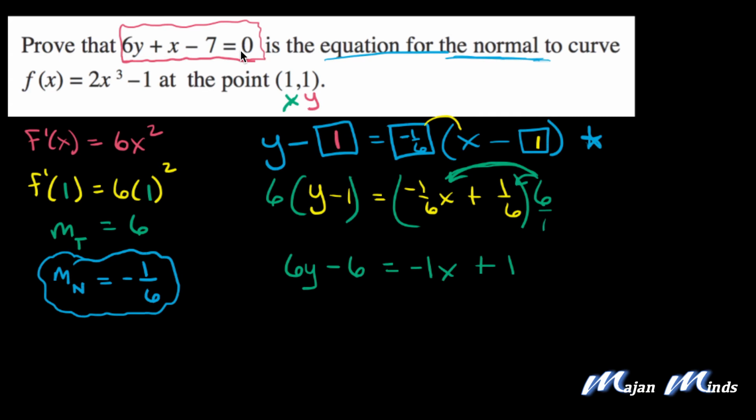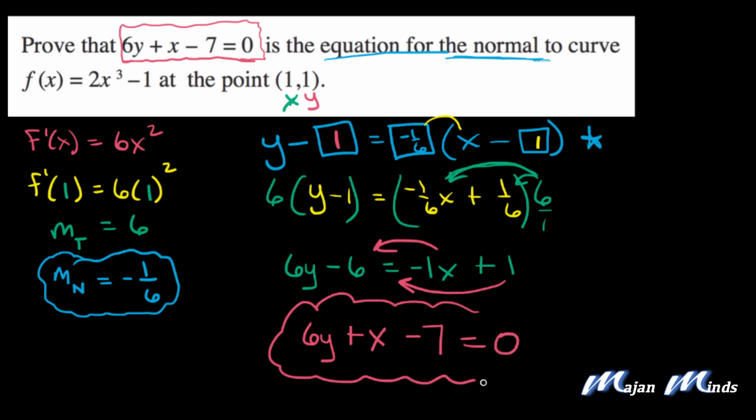Notice that we have a 0 on this side, so let's just move everything over here. In the process of doing that, we're going to have 6y, this minus 1x is going to come over and become plus x, and then I have a minus 6. When I took a plus 1 and moved it over there, it's going to be a minus 1, so minus 6 minus 1 is going to be minus 7 equals 0.